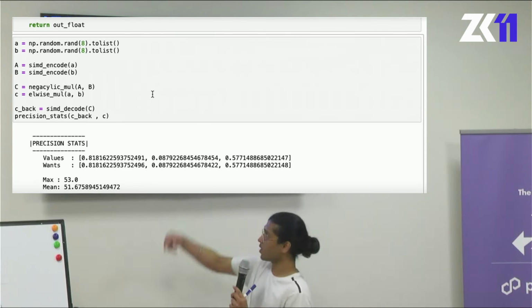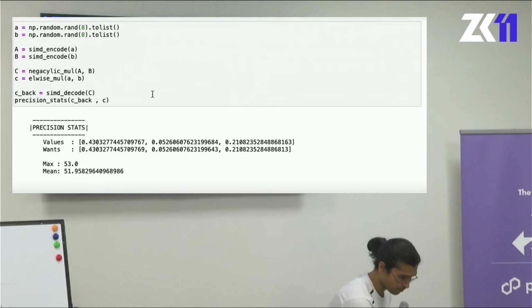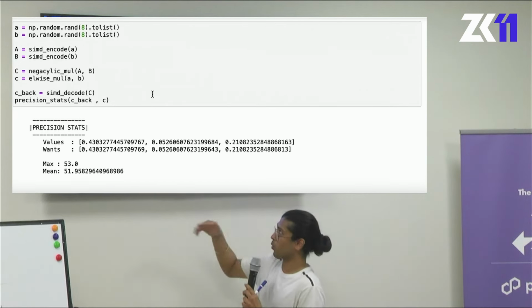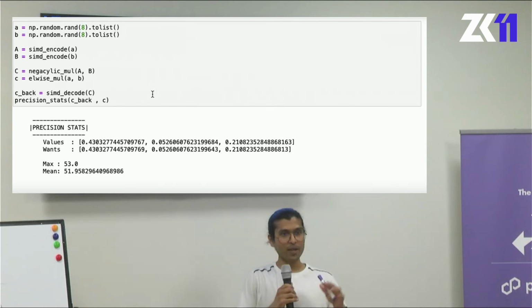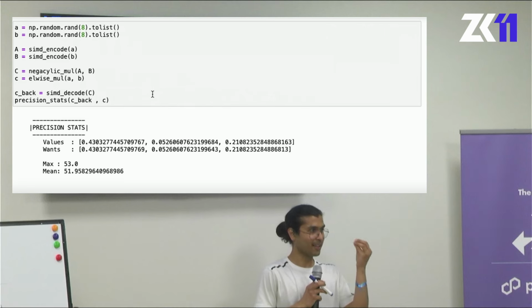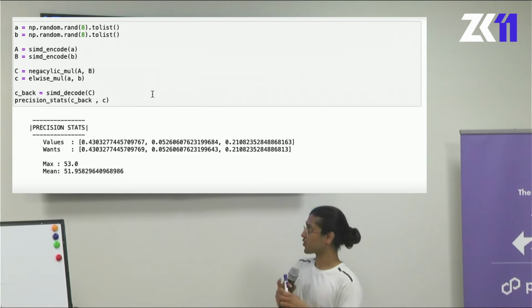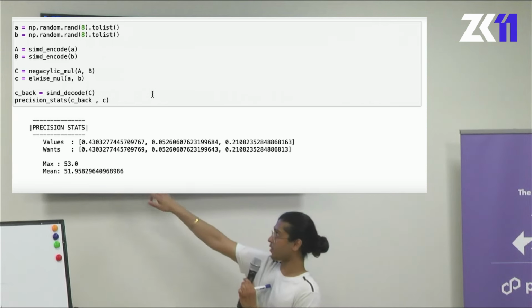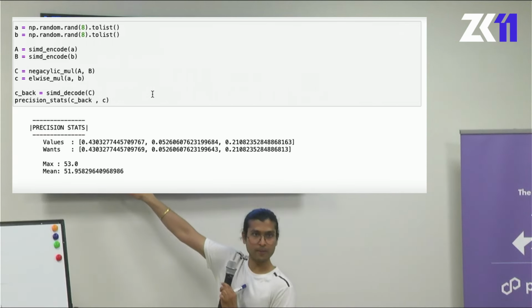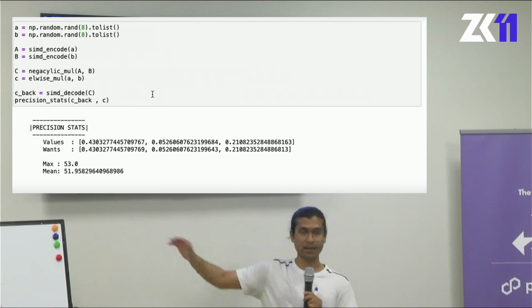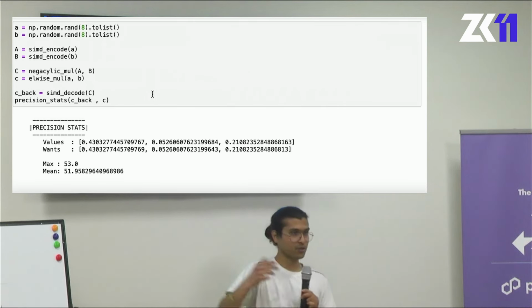If you run this, you would see that the precision is 51 bits. What do I mean by that? In floating point values, you cannot assert equivalence because there's inherent error in the operation itself, so we check how close the values are. The precision is the number of bits after the decimal that are equal, and the error is like 2 to the power minus 51. So the higher this value is, the better it is for us.